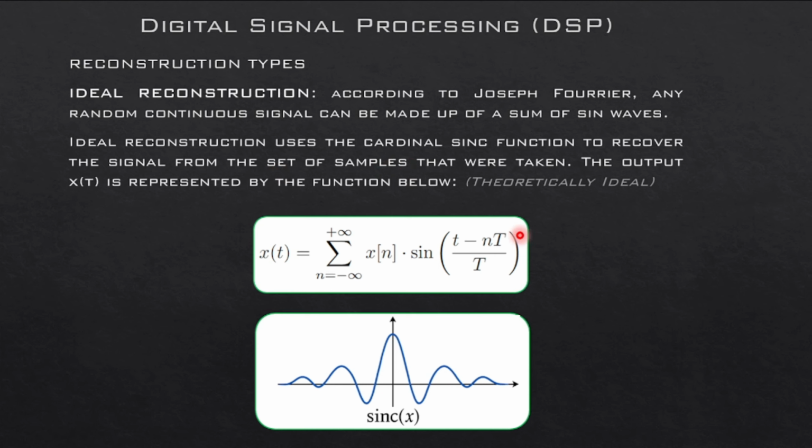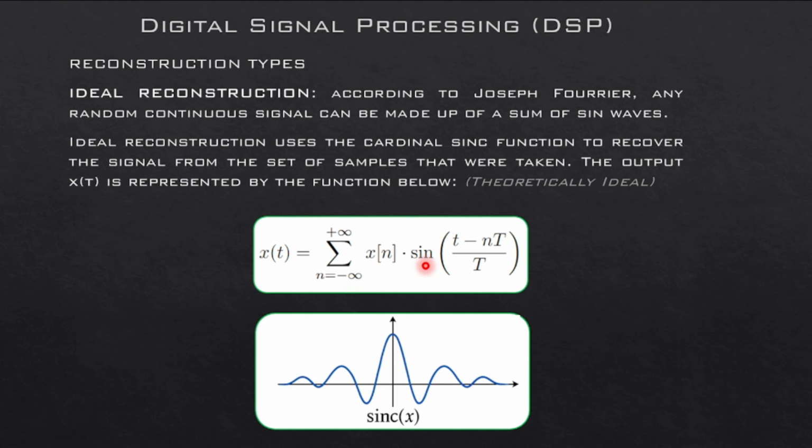It works for the discrete signal as well as the continuous. So the output x(t) is represented by the function below, and it's ideal. x(t) is equal to the sum over n going from minus infinity to plus infinity. Of course, we change the domain according to the length of the signal.